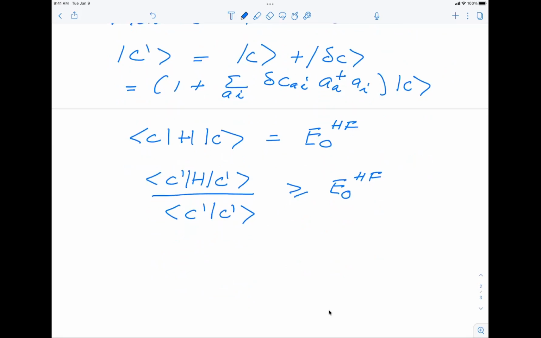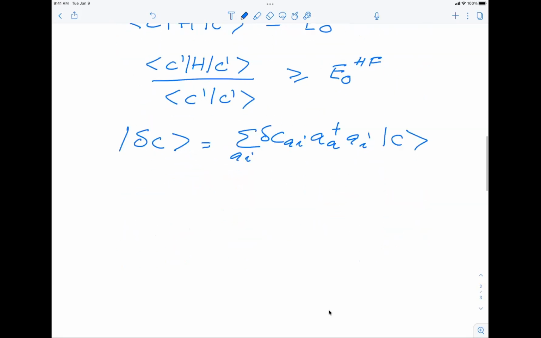So what we have now is this δ of the state, which is given by the sum over a, i, and then we have the coefficients δC_{ai}, and then we have a_a† a_i acting on the vacuum state |Φ_0⟩. We are assuming that this vacuum state is our Hartree-Fock vacuum state.